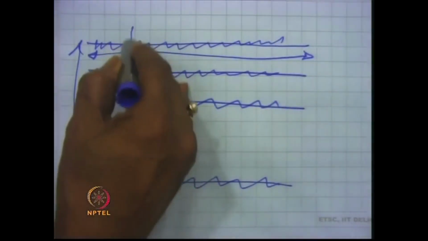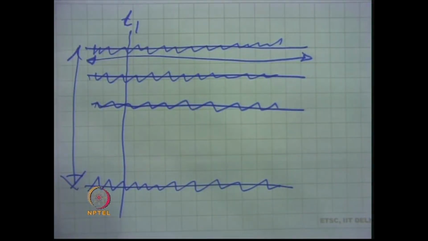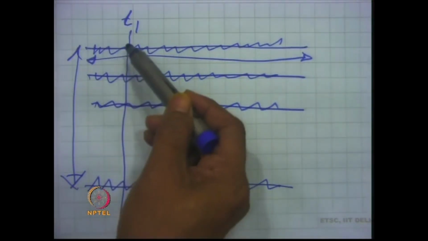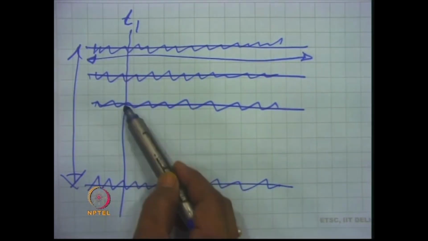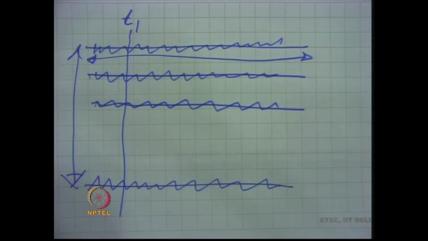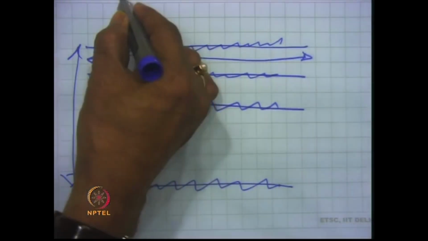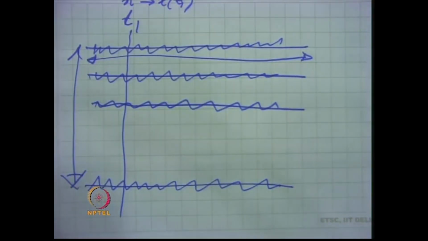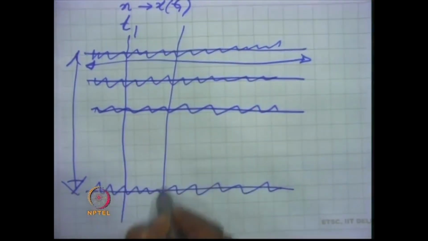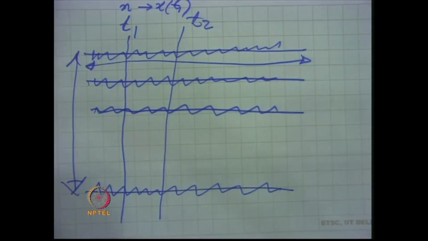Now if I take any time t1, then at that particular time t1 I will get the ordinate from each one of these samples in the ensemble. So if there are n samples in an ensemble, then we will get n values of x(t1). Similarly, at some other time t2, we can get n values of x(t2).